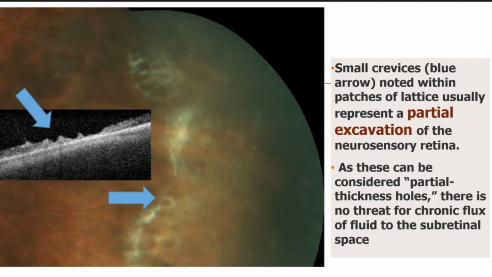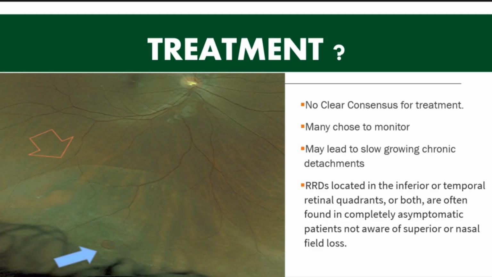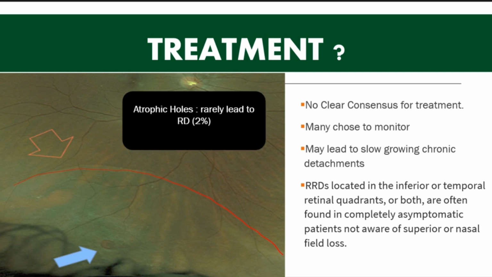Now, these partial retinal holes will usually not lead to any subretinal fluid development or retinal detachment, right? However, if there is a full thickness retinal hole, that can actually allow the transmission of fluid from the vitreous cavity into the subretinal space, leading to development of this rhegmatogenous retinal detachment. However, these are very slow growing chronic retinal detachments, and the incidence is about 2%.